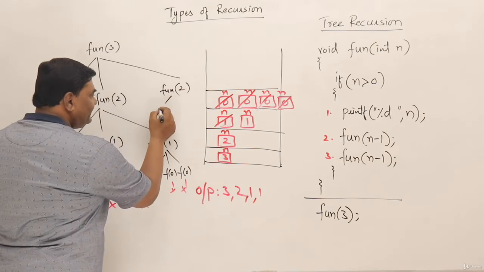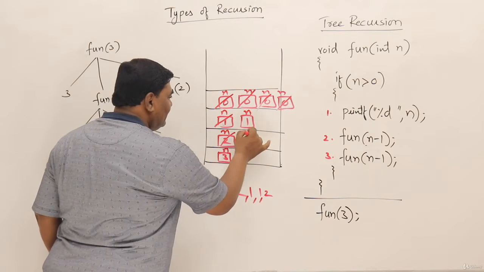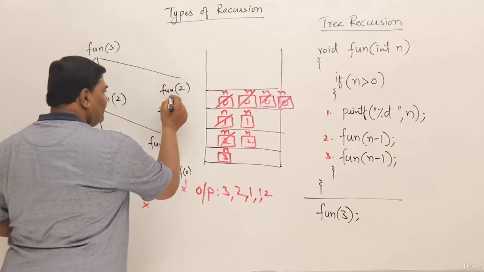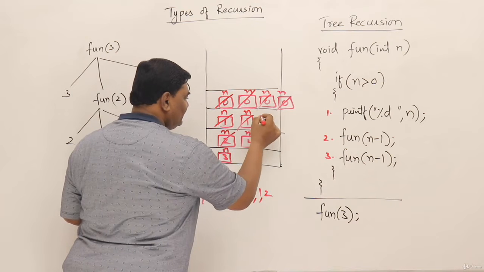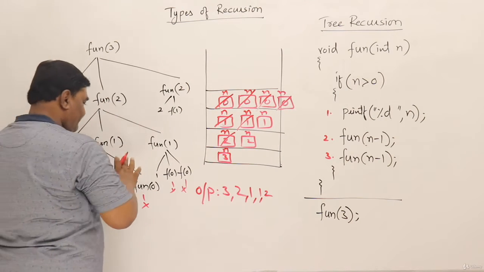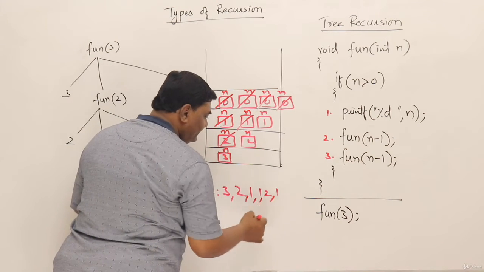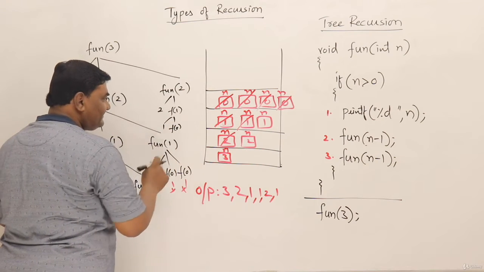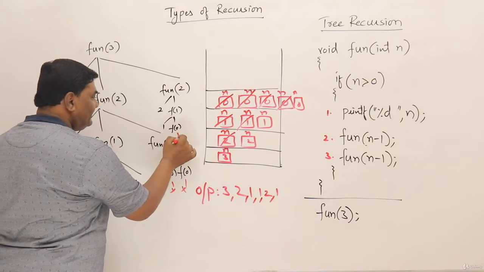So the first thing that happened is value 2 is printed, and here an activation record is created. Then call for fun of 1. New activation record, this was gone, sorry, so 1 is created. Then for this value 1 is printed. Then call for fun of 0 and this ends. One more activation record is created with value 0 and this ends.